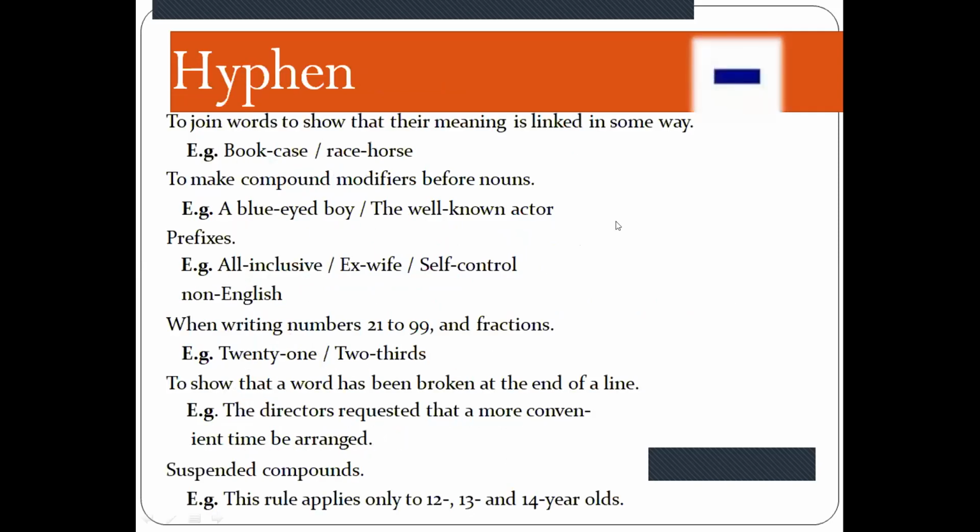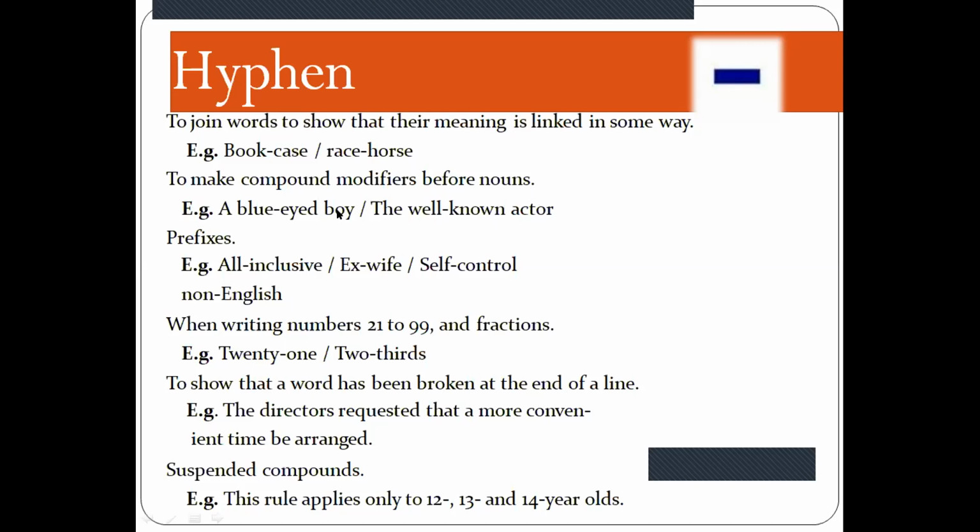The hyphen. This is the hyphen, that's how it looks. It is used to join words to show that their meaning is linked in some way, like bookcase, shoelace, shirt buttons, TV cable, and so on, and to make compound modifiers before nouns.